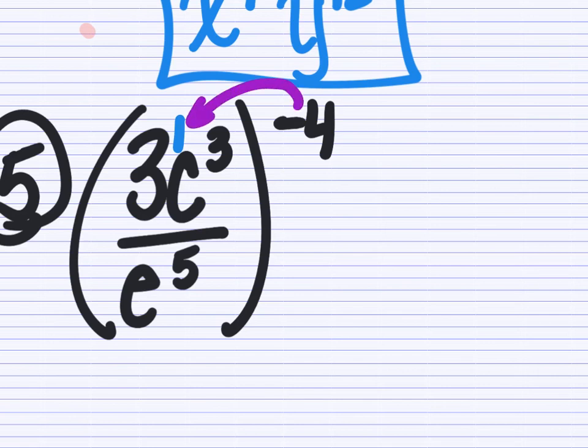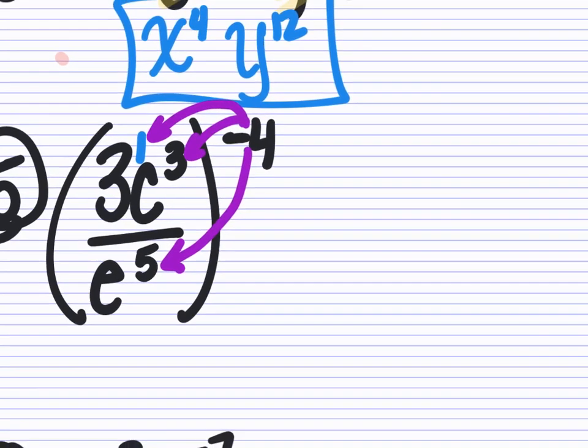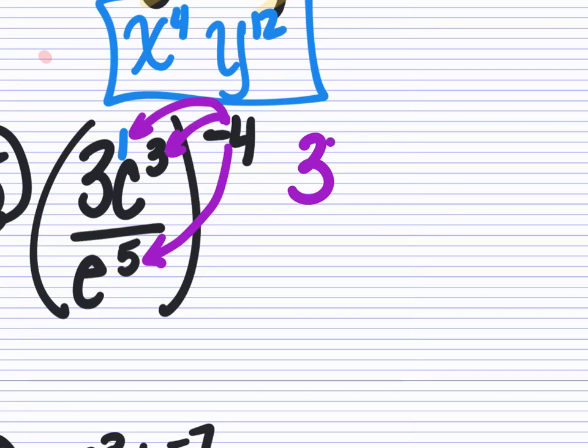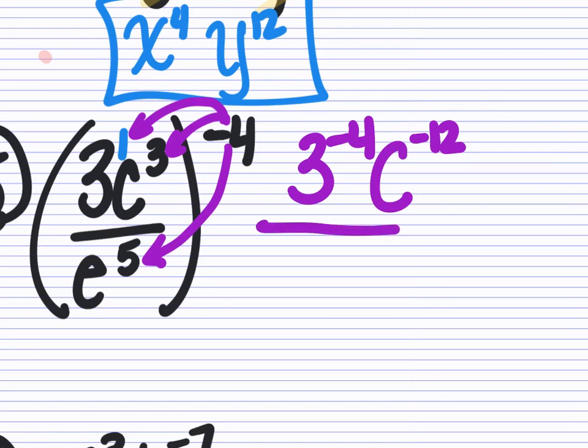So you can distribute this, and that would give us 3 to the negative 4th, c to the negative 12th, e to the negative 20th.